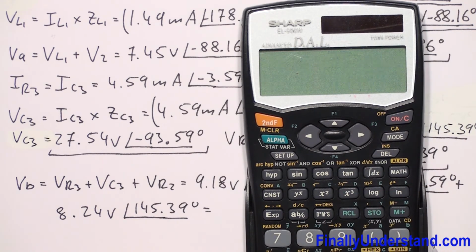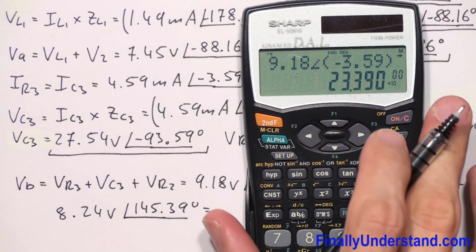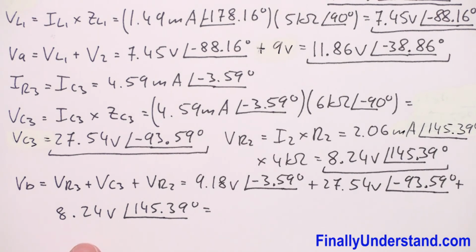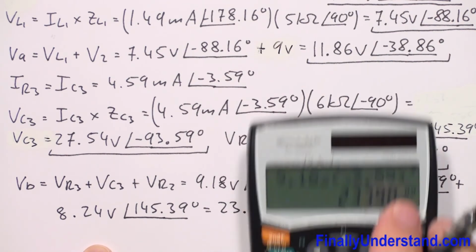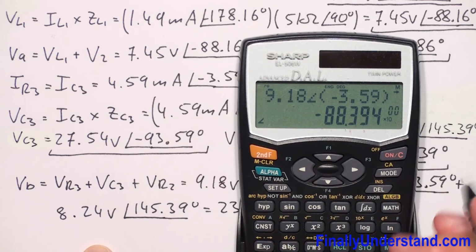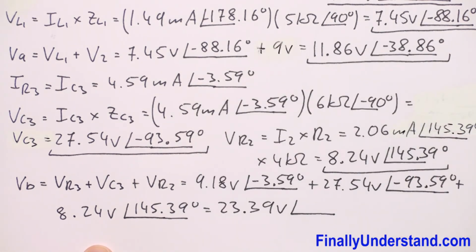This is equal to 23.39 volts and angle of negative 88.39 degrees. And this is my voltage VB.